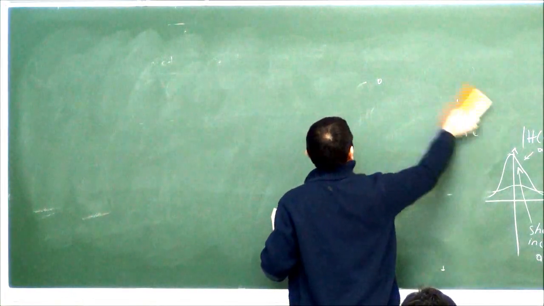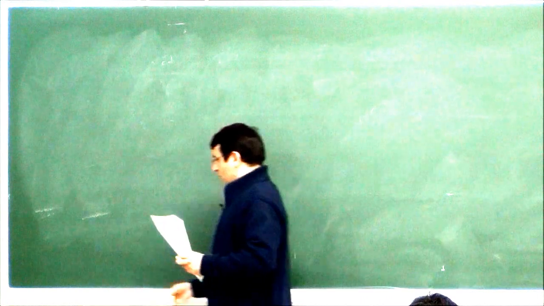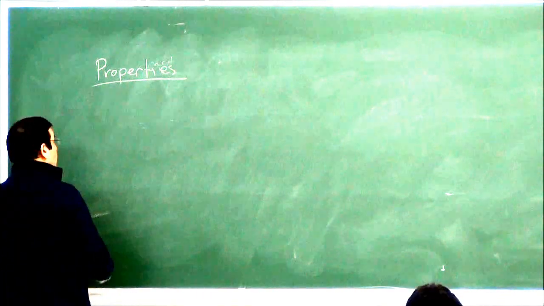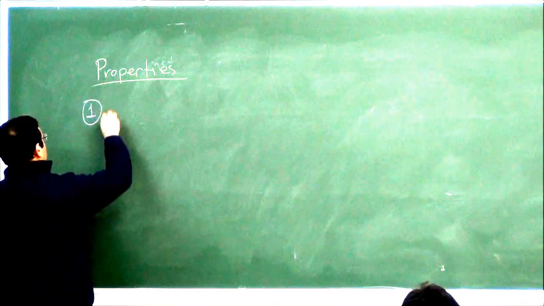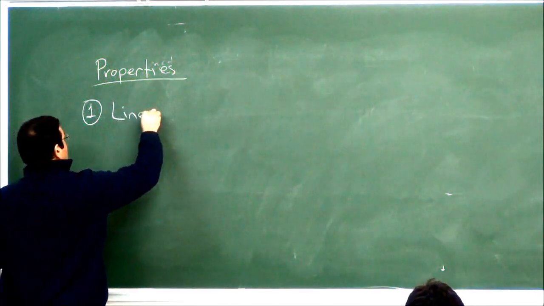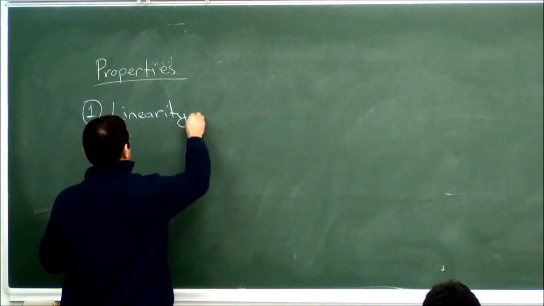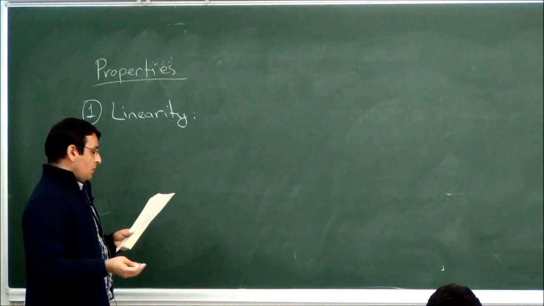In this case, we will do this for the Z transform. So, the properties of the Z transform. The first property is linearity. The Z transform is a linear transformation.